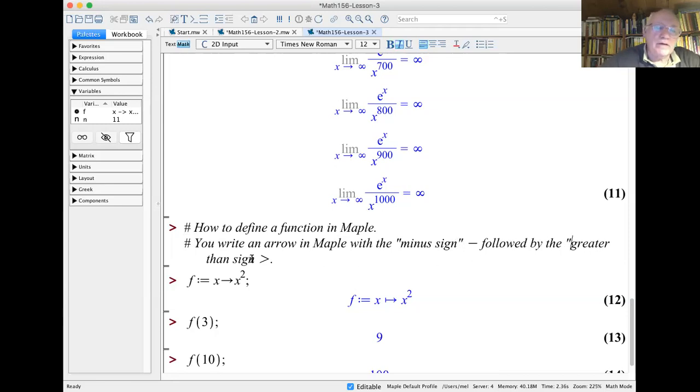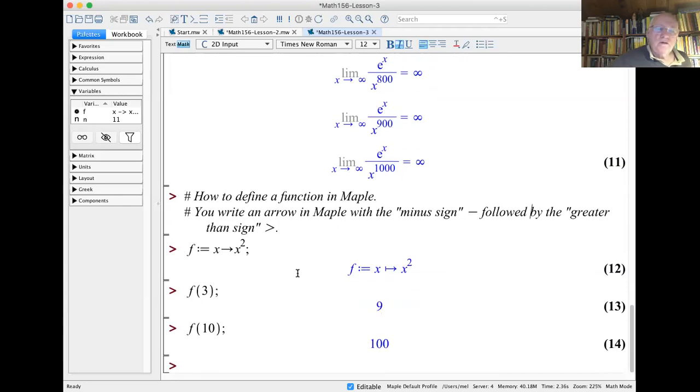And the greater than sign is that. So that's how I get this arrow here. This is how you define a function.